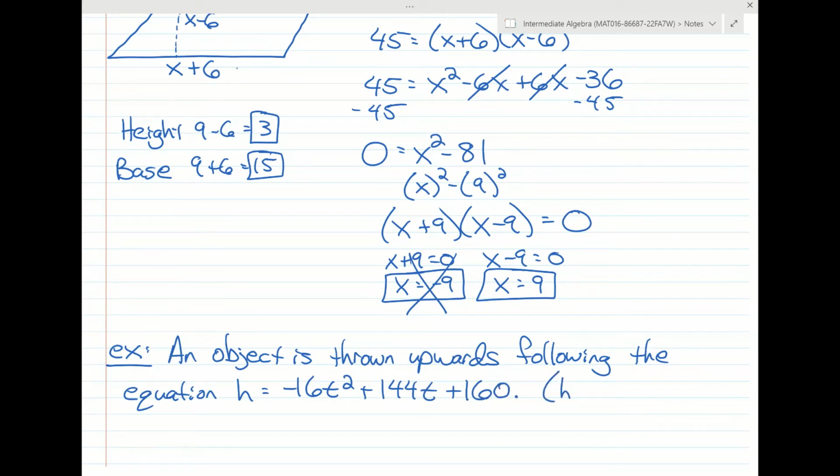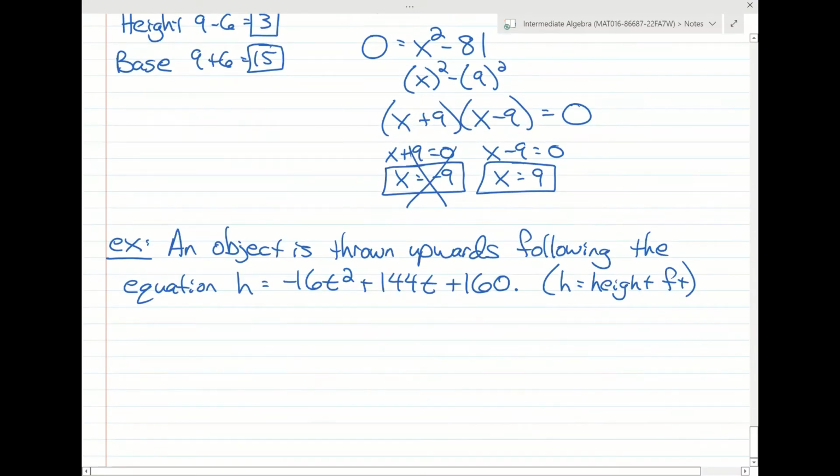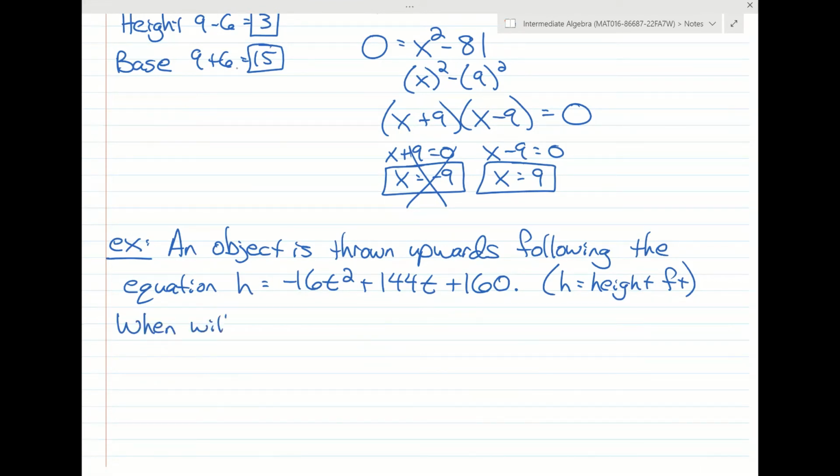And h is our height in feet. When will the object hit the ground?